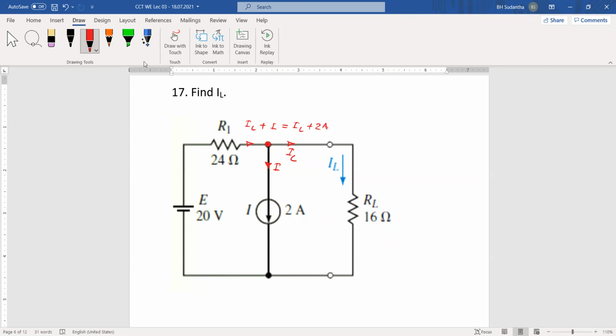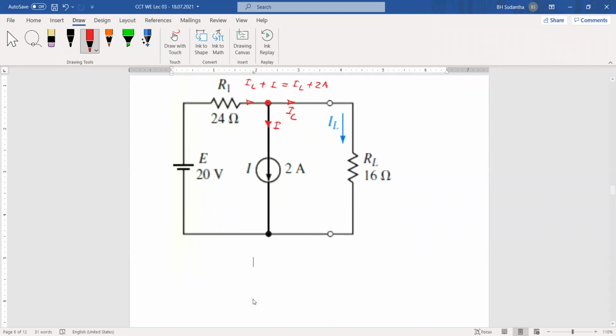Two amperes. Okay, then we can write the equation considering this external loop. It is 20 volts, and then 24 ohms times (IL plus 2 ampere), and then this one, 16 ohm times IL.